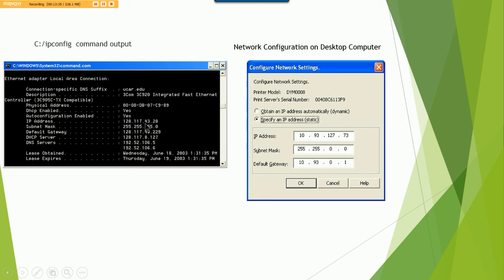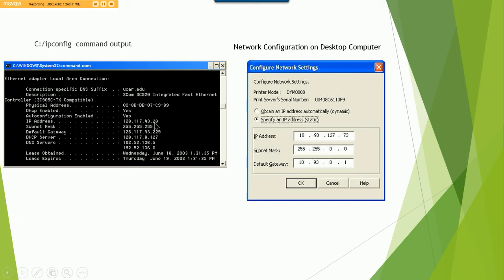This is the dotted decimal notation of this IP address. It has a subnet mask of 255.255.255.0. So we know this is a 24-bit subnet mask. That would make the last octet, the fourth octet, your host address.